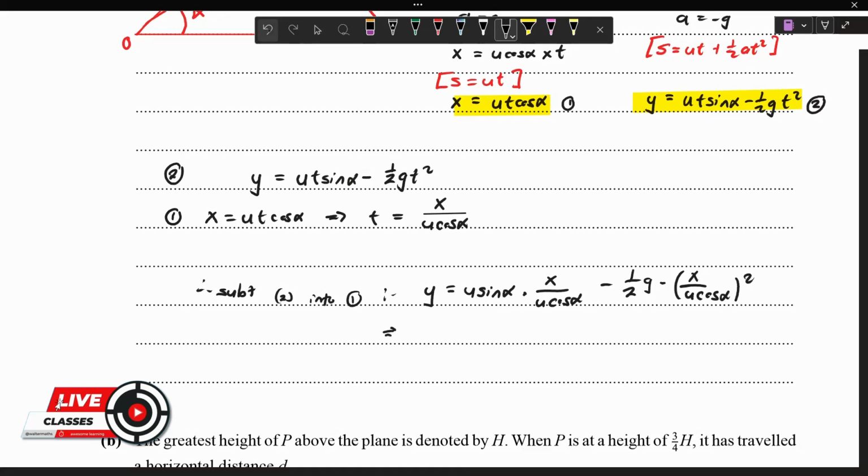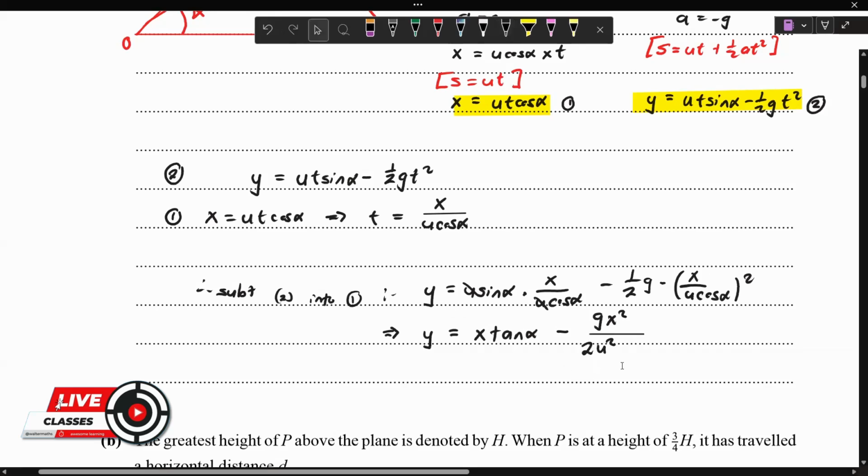Now, this will simplify to y being equal to, and here the u's will cancel, and sine alpha over cos alpha is tan alpha. So we have x tan alpha, and on this part, on top, that's minus gx squared, and that's over 2 of u squared cos squared alpha.